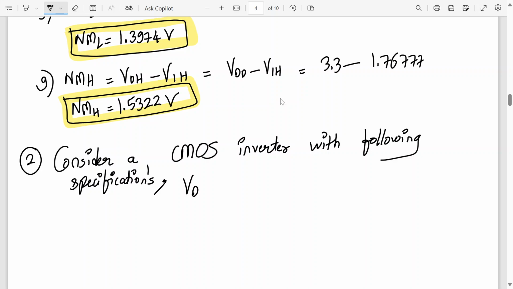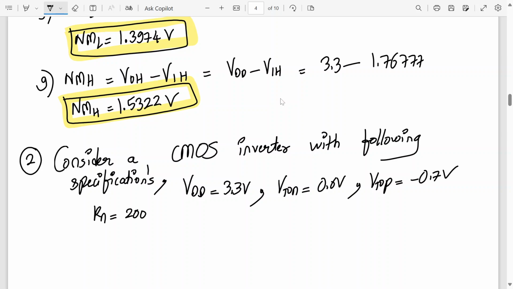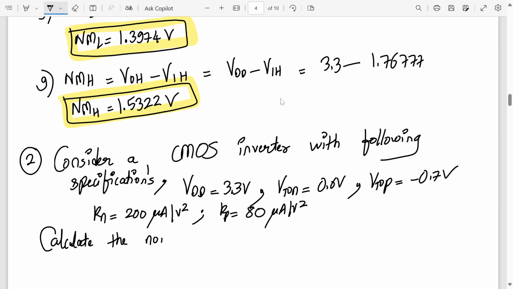Okay, so VDD is given as 3.3, VTON is given as 0.6 volt, VTOP is given as minus 0.7 volt, KN is 200 microampere per volt square, KP is 80. So we have to calculate the noise margins of the circuit of the CMOS inverter.